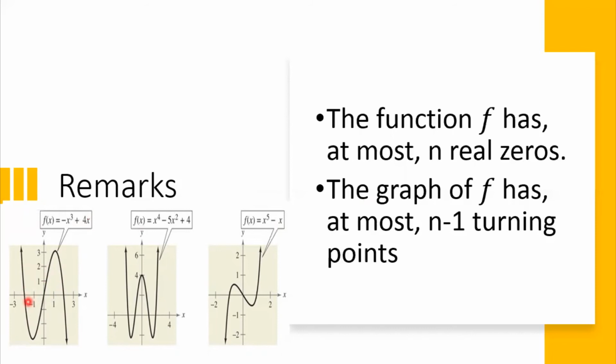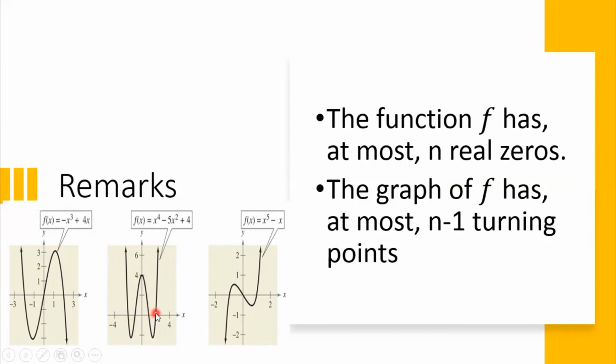When we say at most, it means the maximum number of zeros is n. So in this example, how many zeros do we have? This point here, this point, this one, and this one.